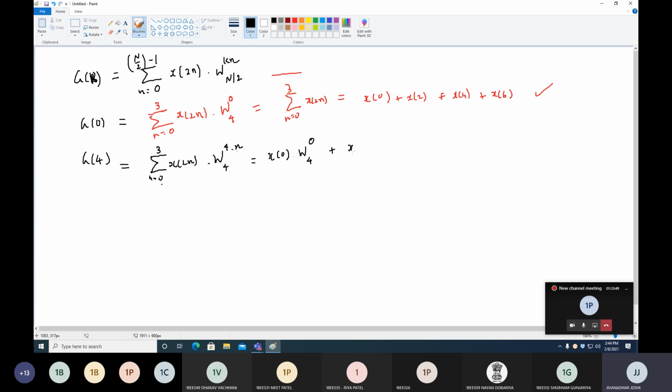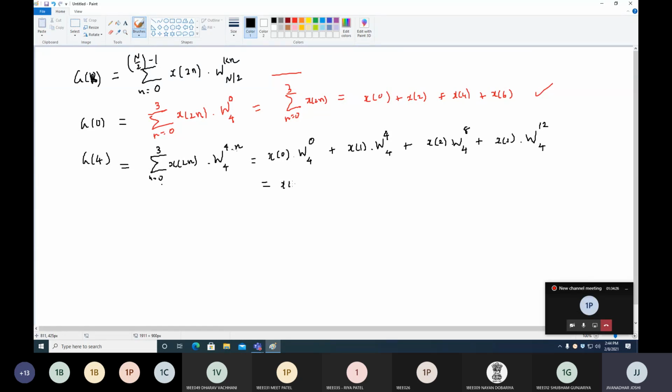Plus x of 1 into w4 raised to 4. Similarly, x of 2 into w4 raised to 8, plus x of 3 into w4 raised to 12. You know w4 raised to 0 is equal to 1.